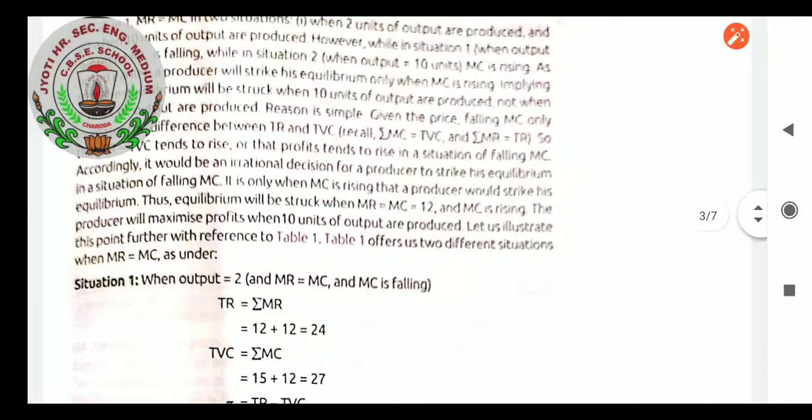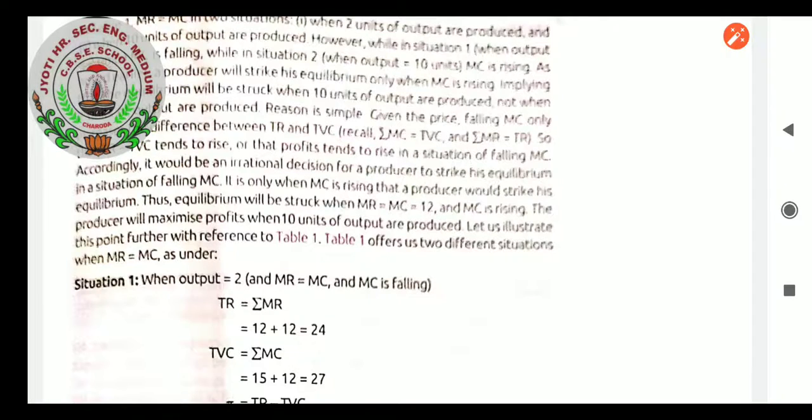When output equals 2 and MR and MC are falling, in that situation, when output equals 2 units, the MR is 12 and MC is also given in the table as 12. So what we are seeing: total revenue equals the sum of marginal revenue.